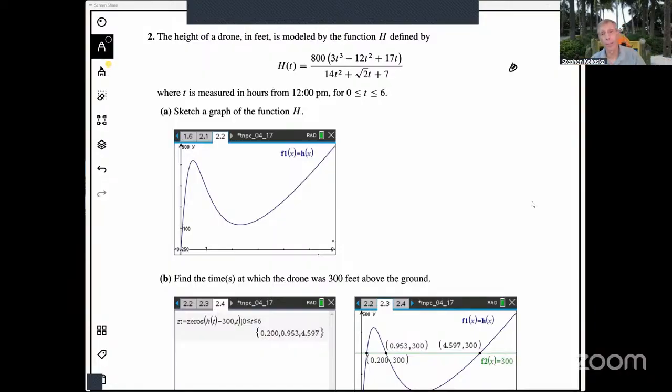So there it is. And Tom will show you how to do that on the 84. I basically defined this function on the TI-Nspire on a calculator screen, called it H, and then went to a graph screen and set the window parameters X min, X max, so that I got a nice graph like this.